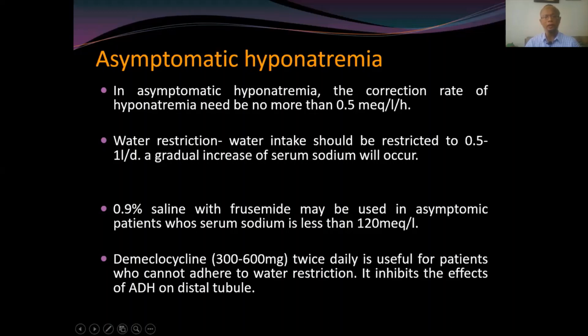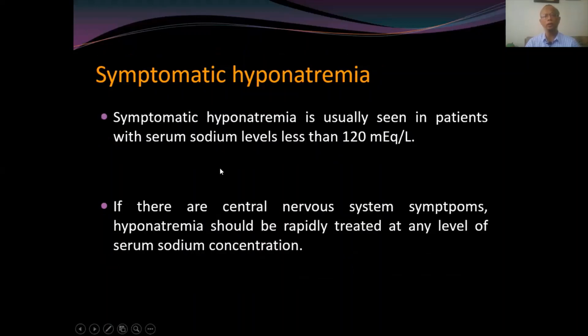Demeclocycline, 300 to 600 milligram twice daily, is useful for patients who cannot adhere to water restriction. If water restriction is not possible in this group of patients, then you can use this drug. It inhibits the effects of ADH on the distal renal tubule, so more water will be excreted.